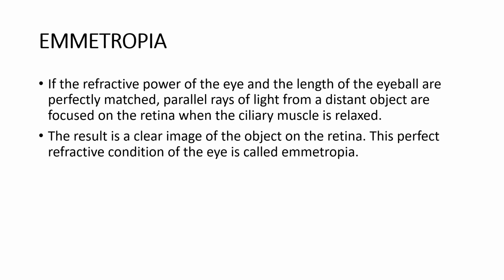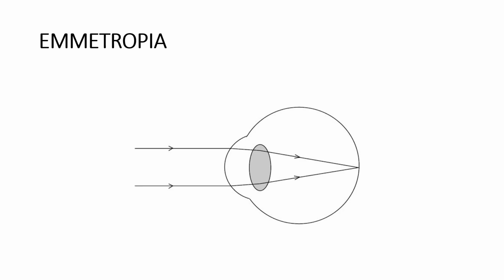This perfect refractive condition in the eye is then called emmetropia. So as you can see, parallel light that enters the eye from a distant object is focused directly onto the retina.